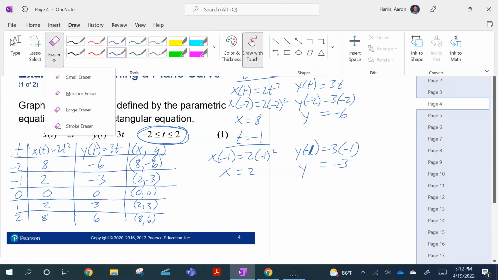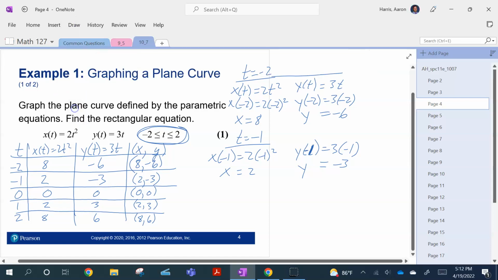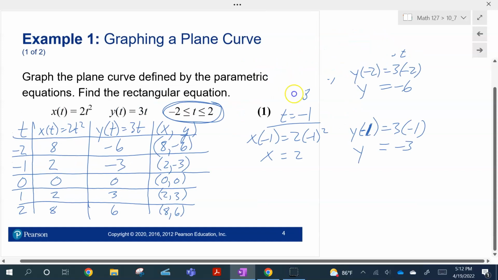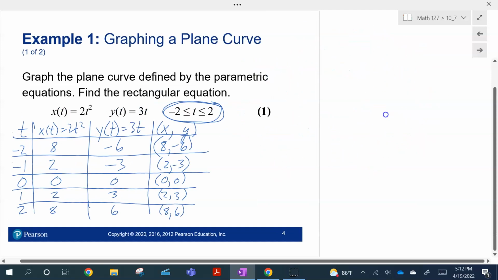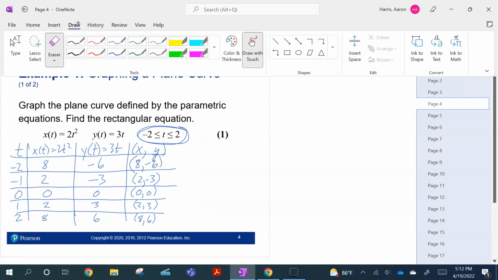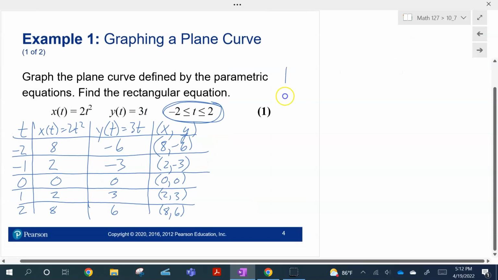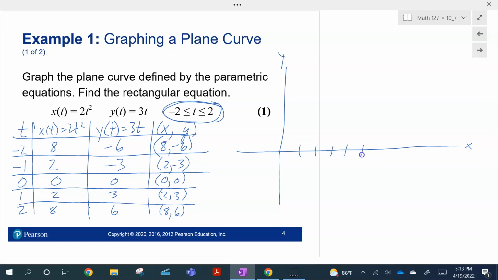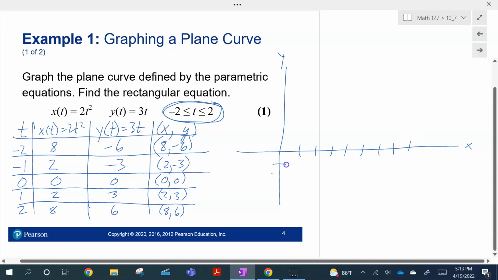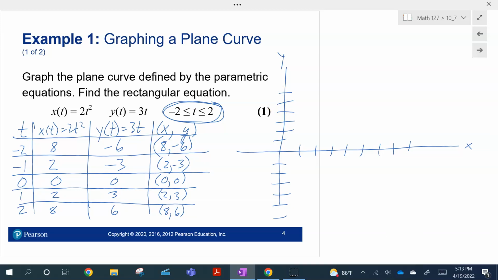Let me erase some of this here to have some room to graph it. Here's our x, y. So we got 8, -6 right here.